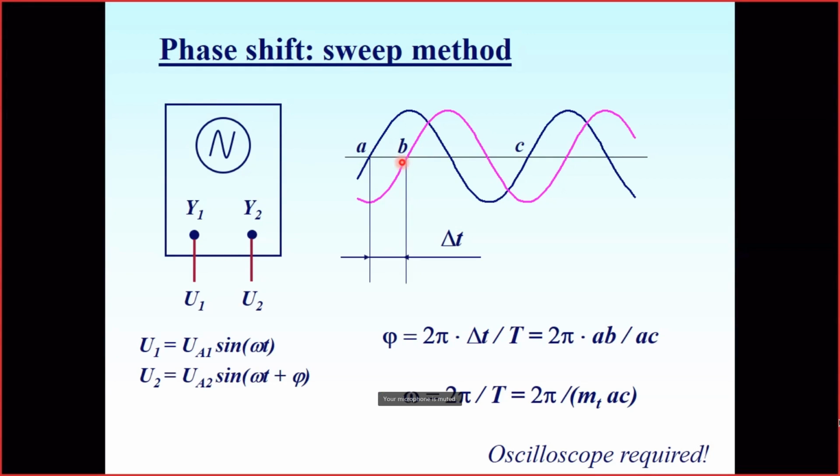Here it's much easier to find the accurate time position, because we have a line that is crossing another line. So the crossing point is defined absolutely clearly, without any doubts.